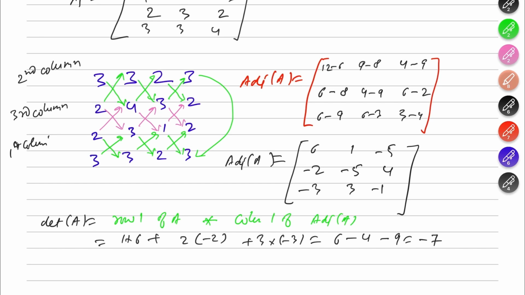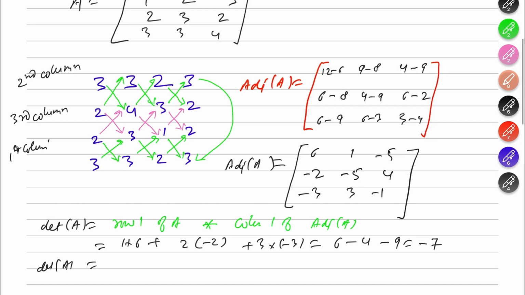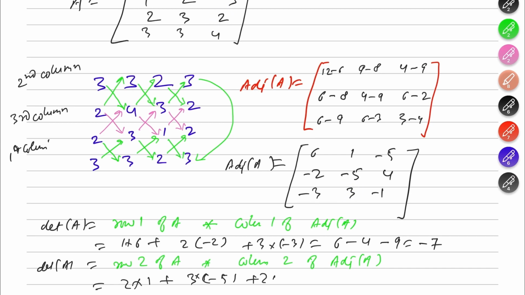So alternately we can also find the determinant of A as the second row of A multiplied by the second column of the adjoint of matrix A. So second row means 2 multiplied with 1, so that is 2 into 1, plus 3 into minus 5, then 2 multiplied by 3.